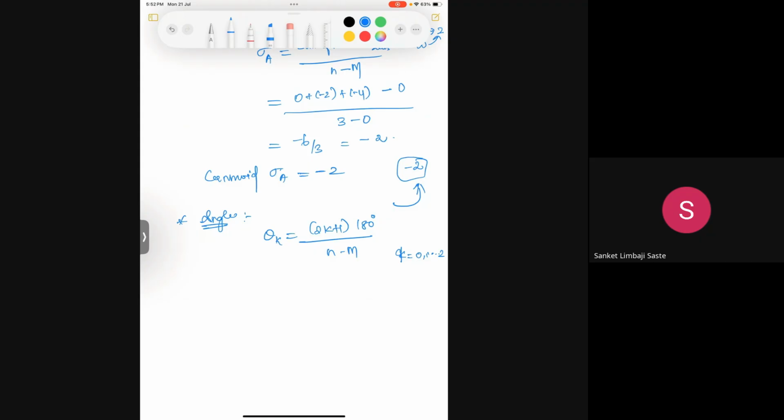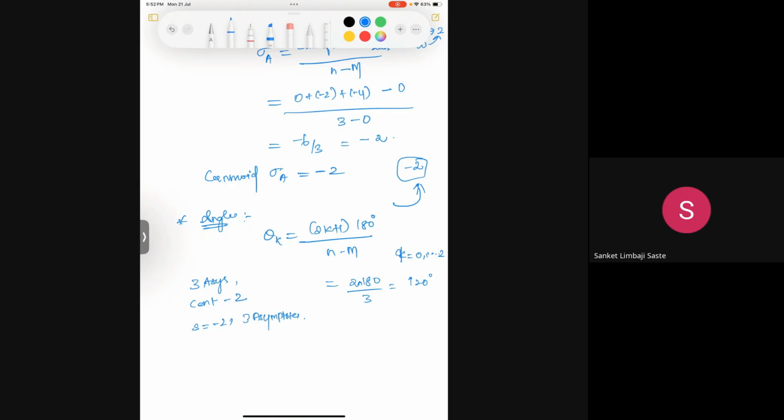So we already found 3 asymptotes, and the centroid for the asymptotes is minus 2. So from s equal to minus 2, 3 asymptotes will emerge, right? When you use k equal to 0, it will be 1 into 180 by 3. This will give you 60 degrees, right?